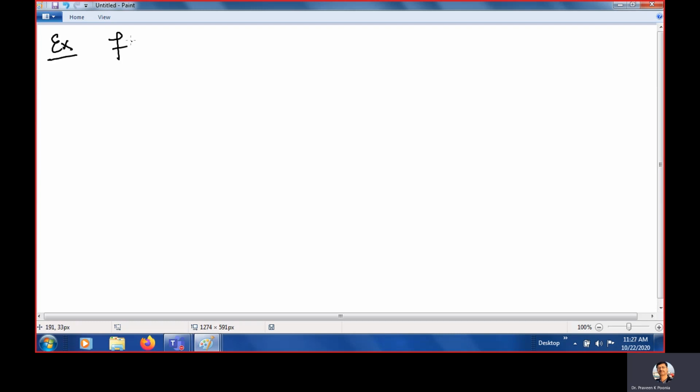This is if f(x) is equal to x square plus 3x plus square root of x minus 1. And if we need to find the domain of this function, so I want to tell you this is a radical function.